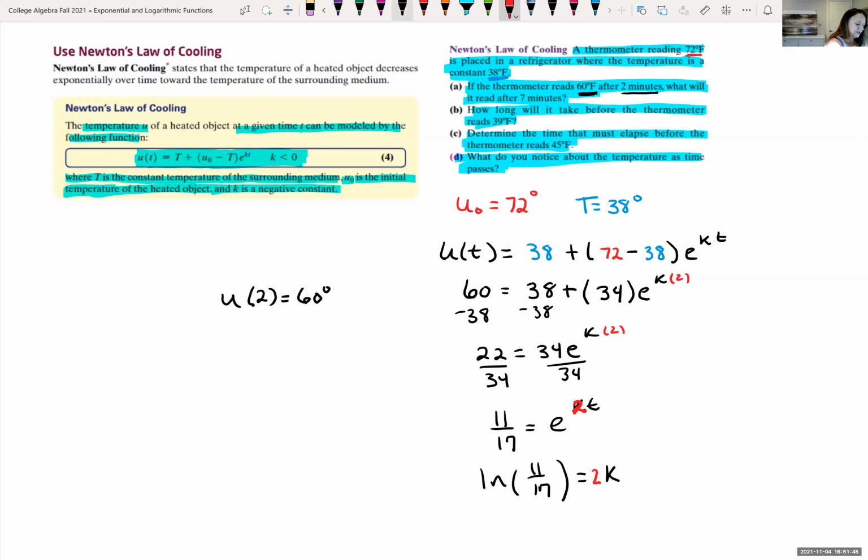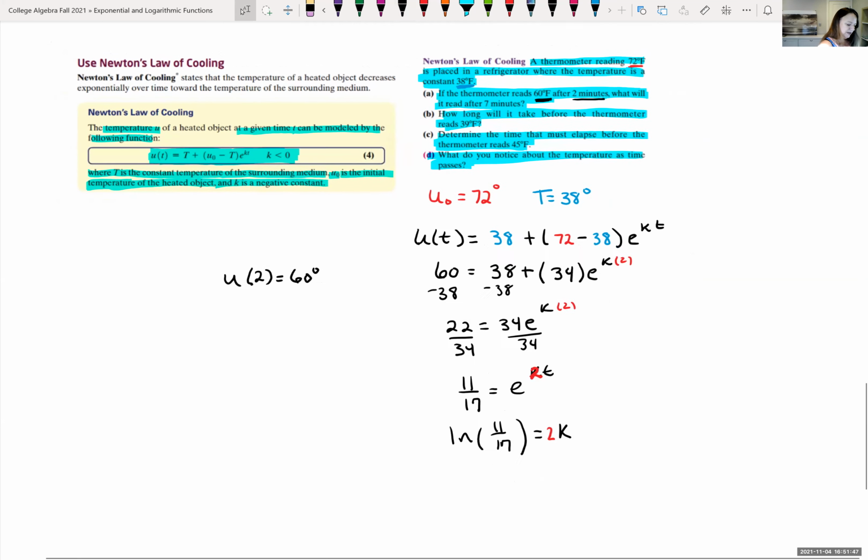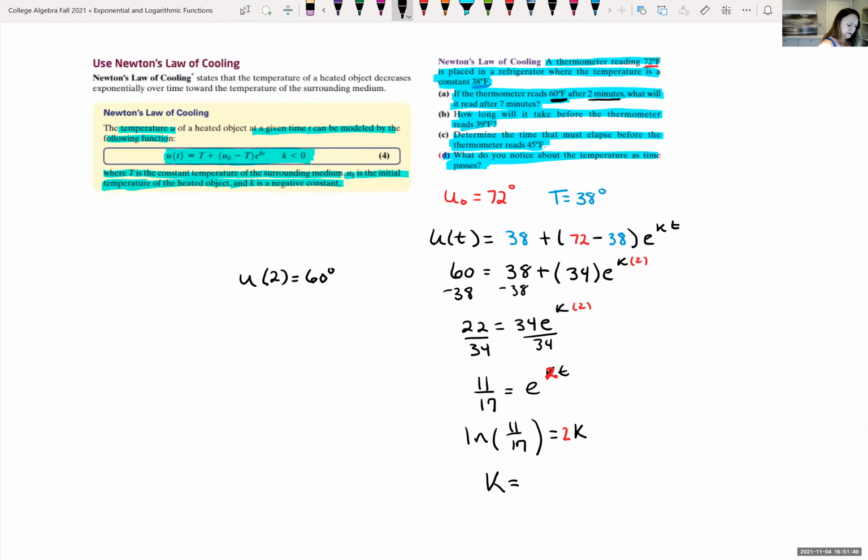So let's divide both sides by 2, and we can have what k is. So natural log of 11 divided by 17, all divided by 2. So this gives us negative 0.22.